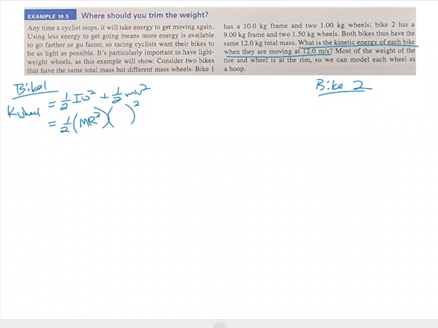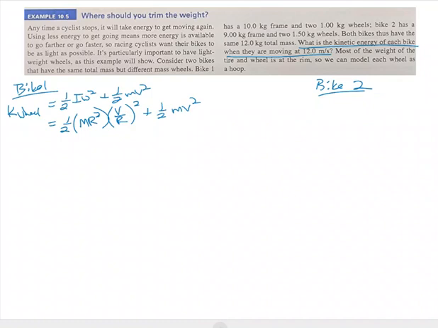Yes, v over R. Then plus 1/2 mv squared. Okay, we can live with that for now. The reason I wanted that one is because everything is in terms of velocity, radius, and mass.